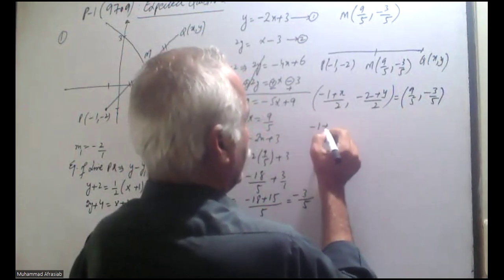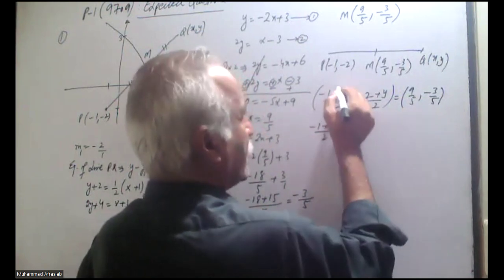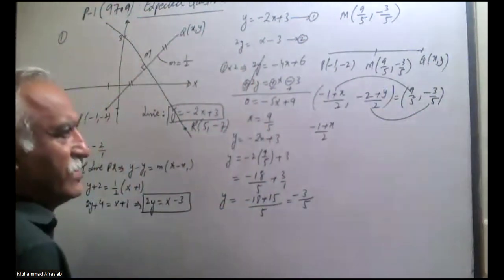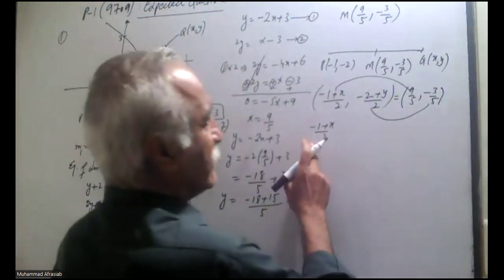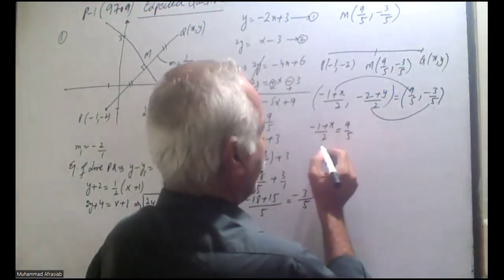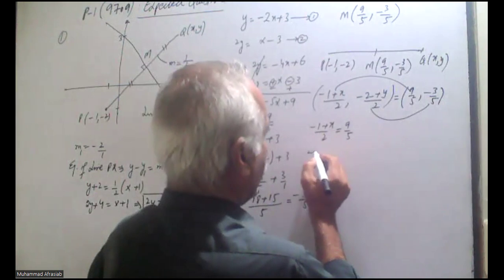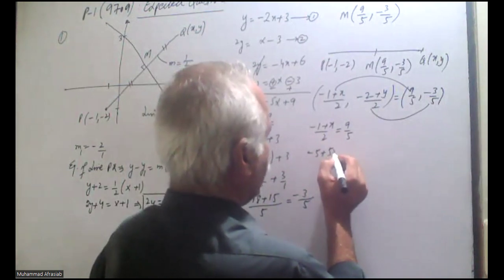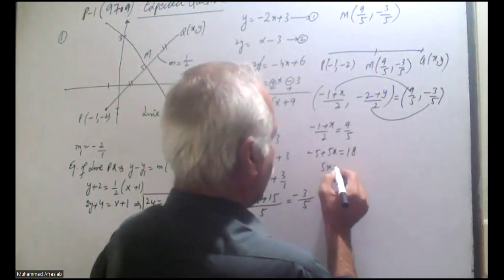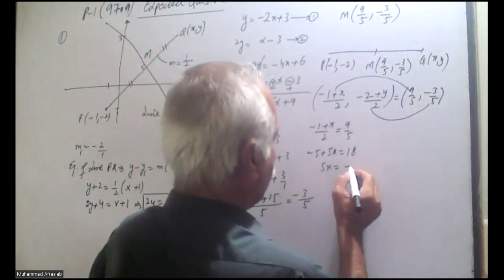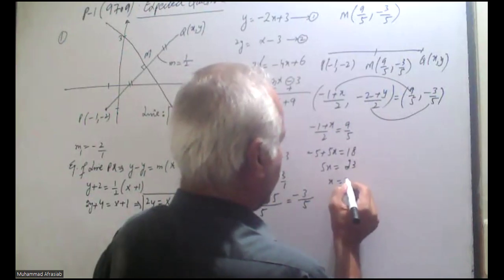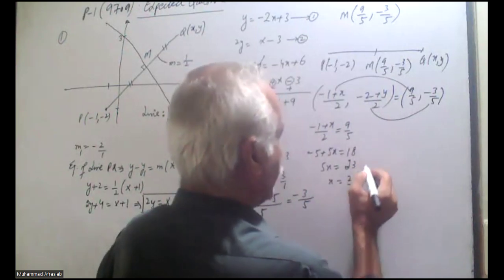So the x coordinate equals x coordinate and y equals y coordinate. -1 + x over 2 is equal to 9 over 5, so -5 + 5x = 18, or 5x = 23, or x = 23 by 5.